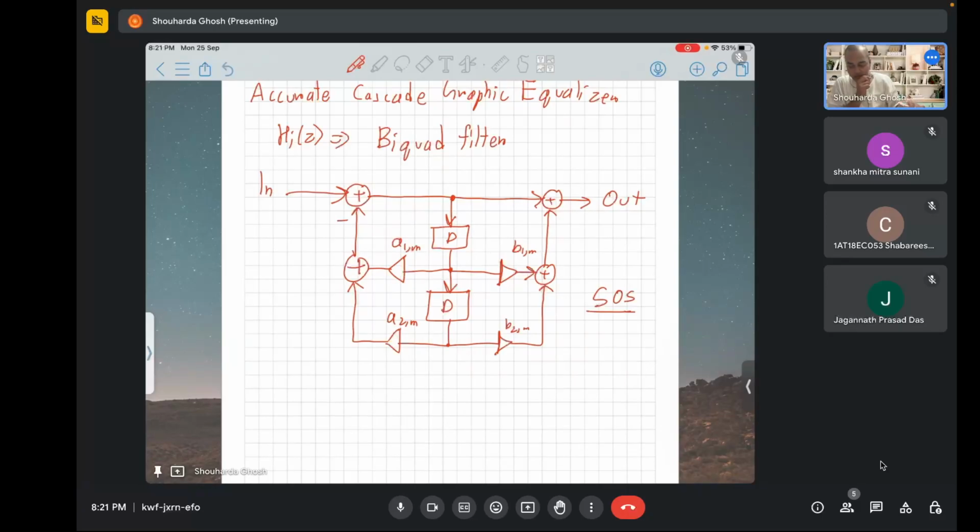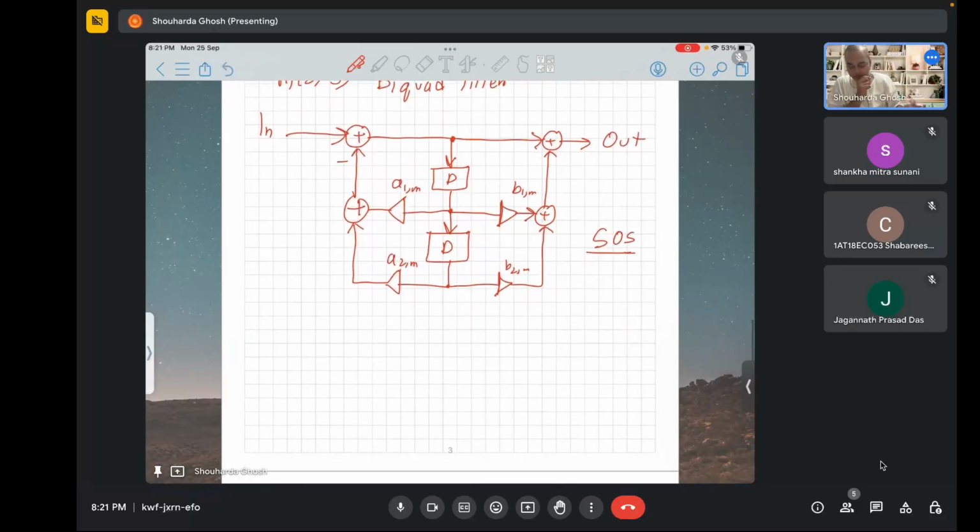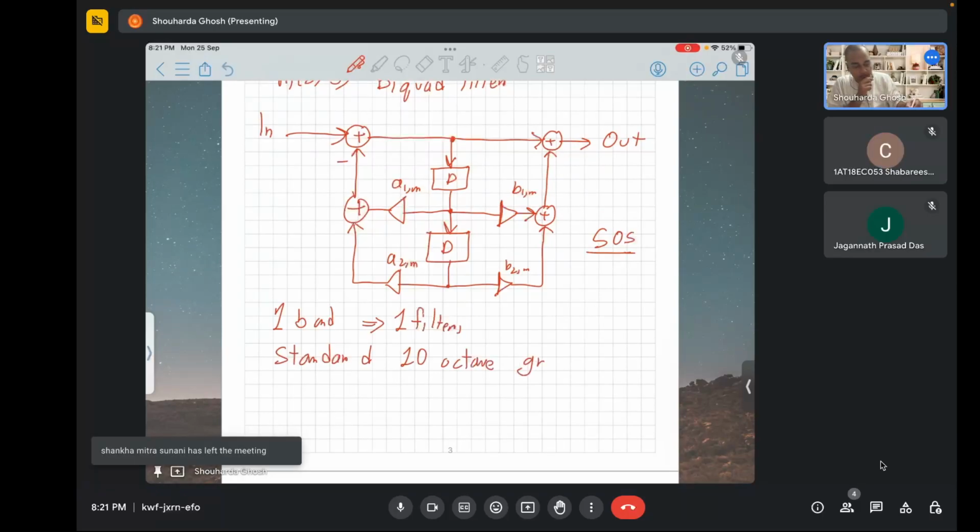And one band has one filter. So in a standard 10 octave graphic equalizer, we have 10 filters.